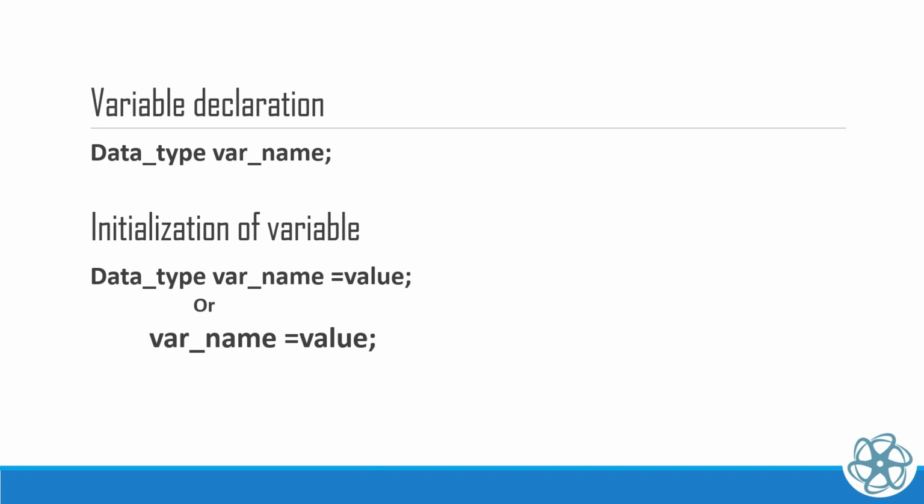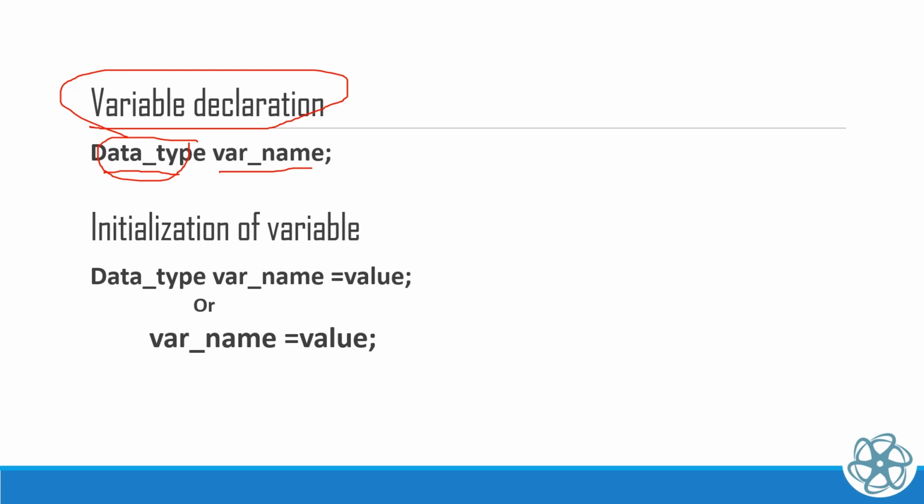We can write a variable in two ways. First of all, we can declare a variable. How do we declare the variable? We have to give some name to our variable. So what I have written here is data type, var name. What is this data type?